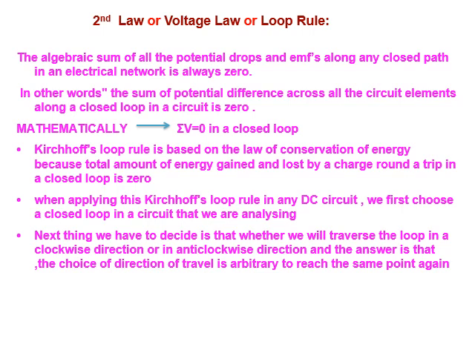Now, the next thing we have to decide to apply the second law is whether we will traverse the loop in a clockwise direction or in an anti-clockwise direction. The answer is that the choice of direction of travel is arbitrary.